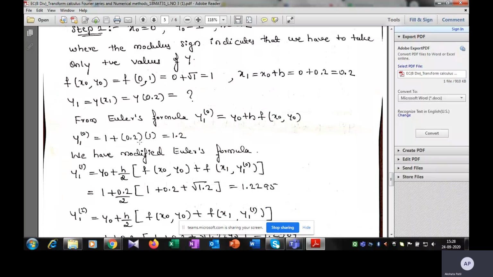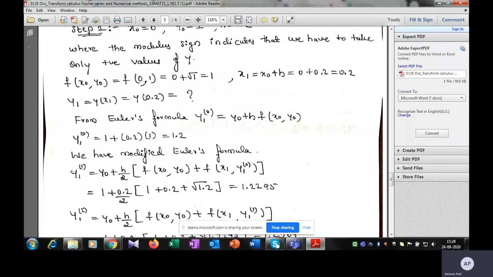Simplify it, and you will get y1 of initial approximation as 1.2. Now the accuracy of this initial approximation of y1 is very poor in this formula, which we need to improve to the desired degree of accuracy by using the modified Euler's formulae.